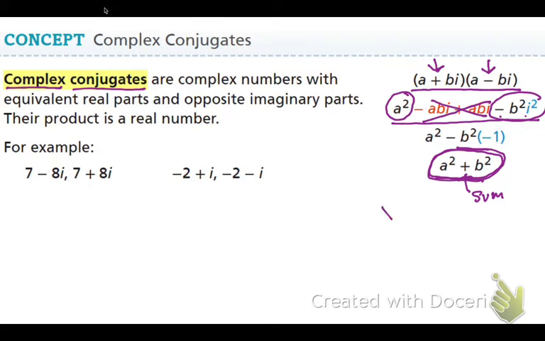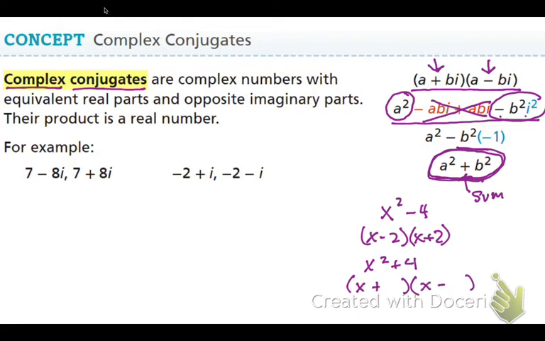So that tells me, remember when I had x squared minus 4, that was x minus 2 and x plus 2. So if I have x squared plus 4, I'm going to have x and x, a plus and a minus, but what's going to be with my 2? 2i and 2i.